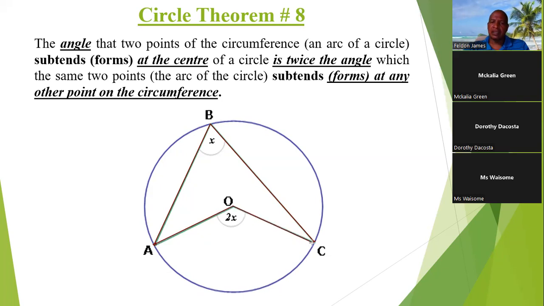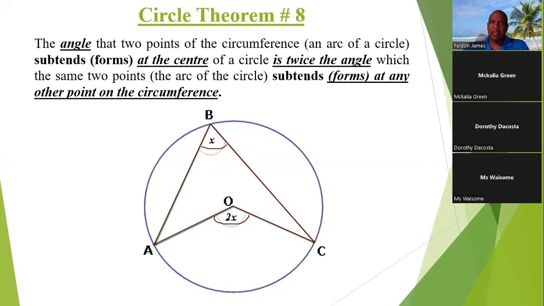So the theorem is saying that the angle that is formed at the center is twice the one which is formed at the circumference. So this angle at the center is 2x, and the angle at the circumference at B would be just x, because the one at the center is 2 times the one at B. Is that clear? Is that clear, Mr. Isam?